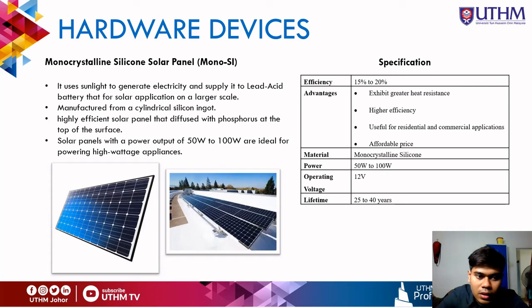The monocrystalline silicon solar panel is a highly efficient solar panel that is diffused with phosphorus at the top of the surface. Last but not least, this solar panel has a power output of 50 watt to 100 watt, ideal for powering high voltage appliances. On the right side is the specification for the mono Si solar panel.